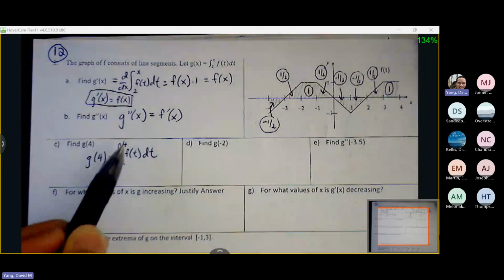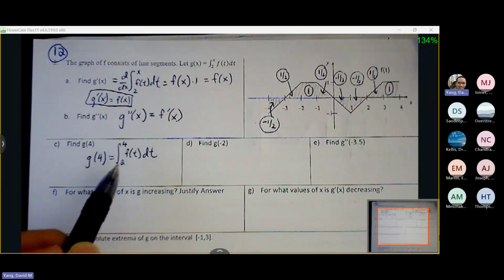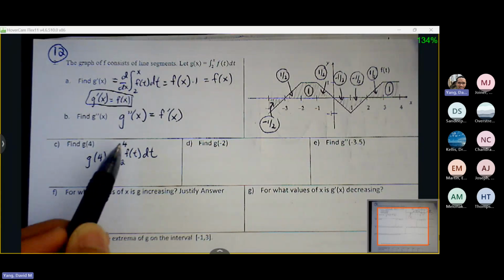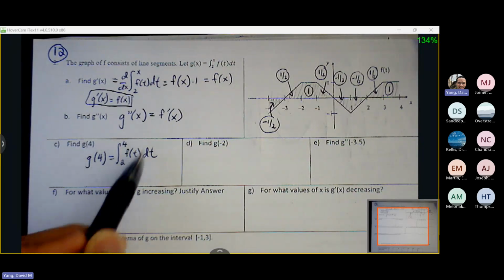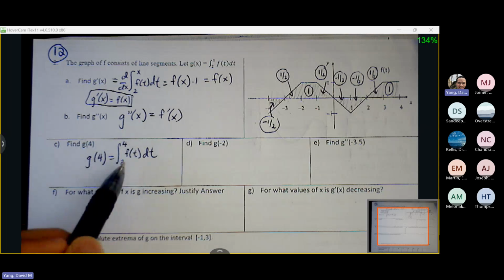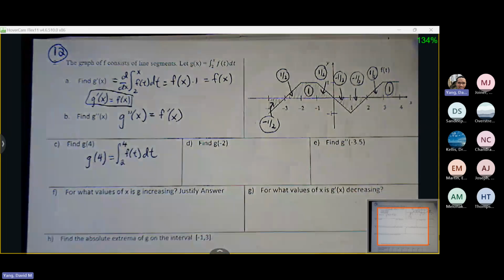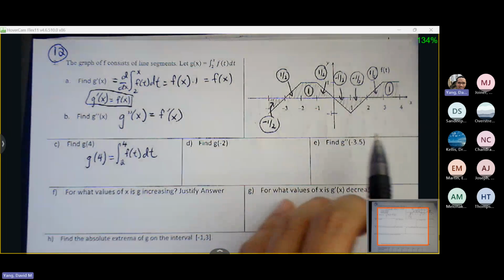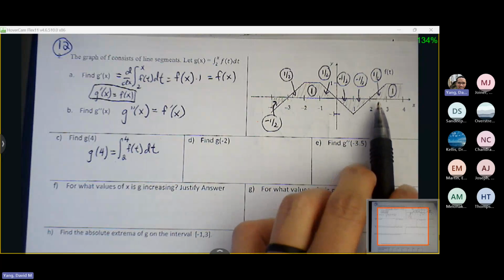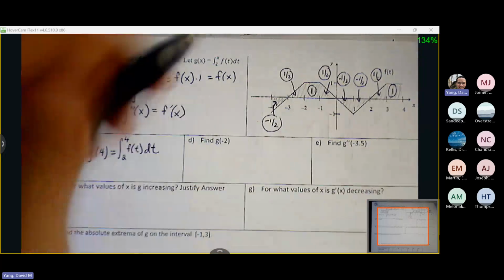So the bounds are in the order that we would like: smaller value to larger value, lower limit, upper limit. So we're reading from left to right. So all the positive and negatives are going to be what we would expect. So 2 to 4, we have positive 1/2 plus 1, so 1.5.